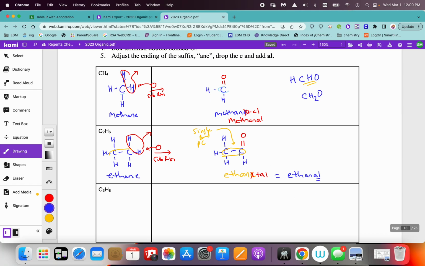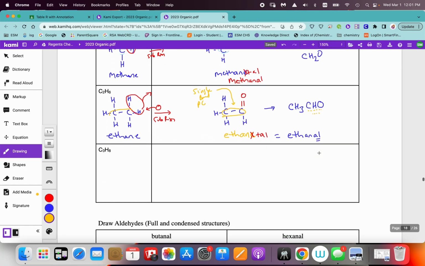If we translate this into the condensed formula, carbon 1 has 3 hydrogens directly attached to it. Carbon 2 has 1 hydrogen attached to it, followed by an oxygen. And here we see that letter sequence CHO that I pointed out on table R.